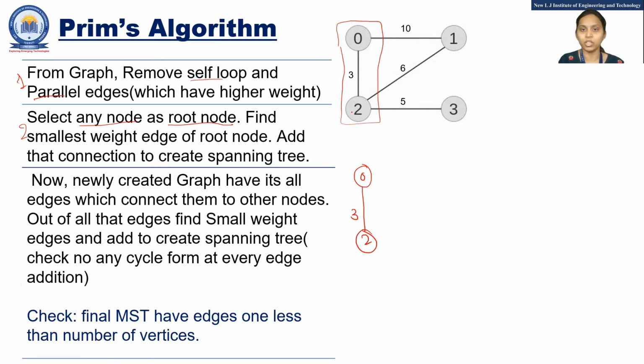Now I draw this boundary. So now check how many edges are going outside from this box. You can see 10 is going outside, 6 is going outside, and 5 is going outside. Out of all these three, which is minimum? 5. So you just have to draw the edge 5 and node 3.